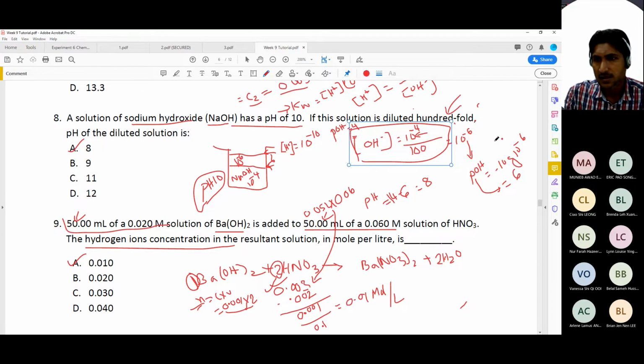If I dilute 10 power negative 4 by 100, it will become 10 power negative 6. This is the hydroxyl ion concentration of the diluted solution. The pOH for this is 6. So the pH is 8.